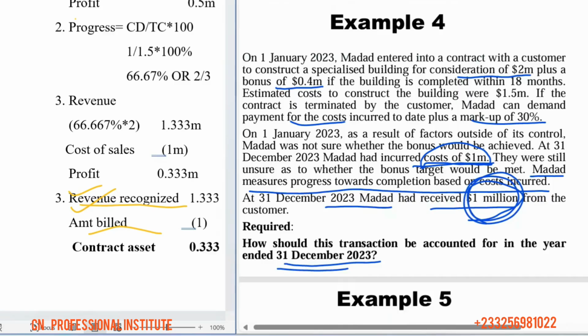Our cost to date would have still been 1 million. Then we add the profit, 0.333. Then we less amount billed. It would have given us the same answer here because we are using the cost method to measure progress. In some instances, it won't be the same. Okay, so this is it for question 4.